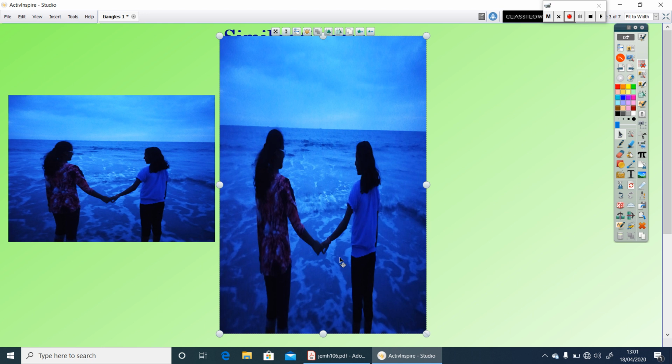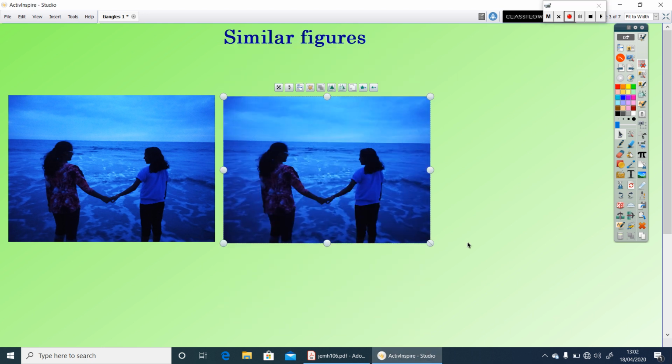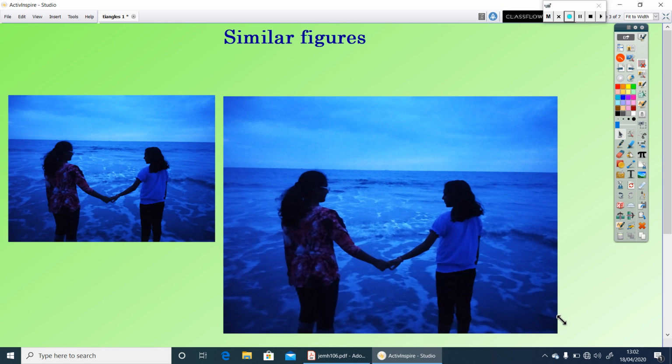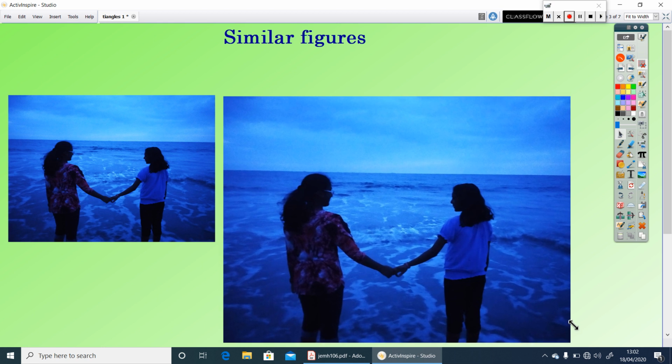No. That means when we are increasing the size, the ratio corresponding to the first image to the second must be the same. Now let me increase the size. Here we are keeping the ratio the same. So now we can say these two images are similar.